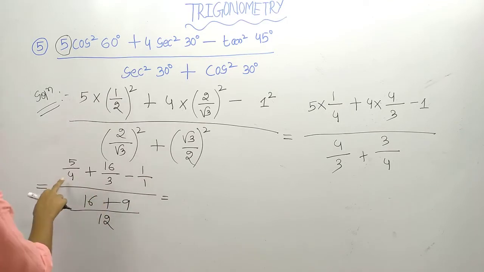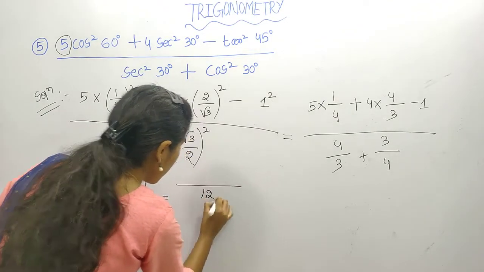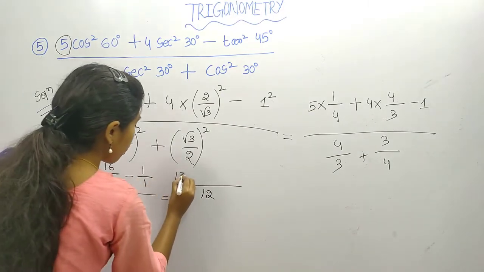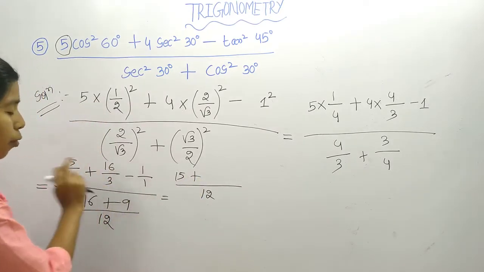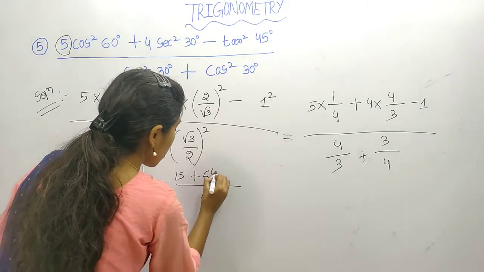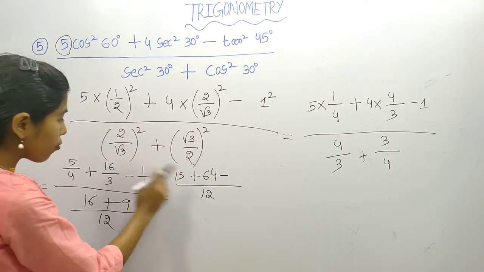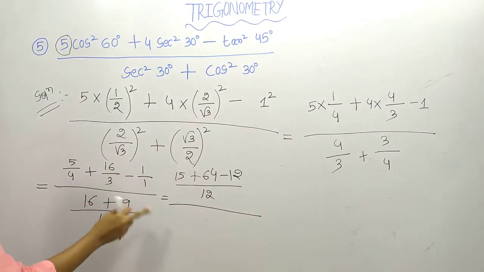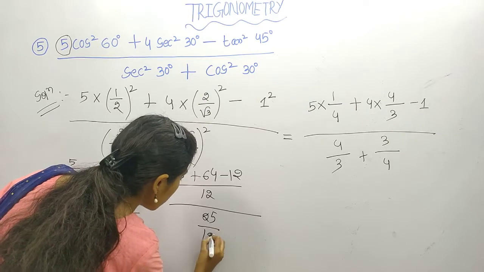So here you see 4, 3, 1. So LCM is 4 into 3, 12. Right? So 4 into 3, 12. 3 into 5, 15 plus 3 into 4, 12. 4 into 16, 64 minus 1 into 12, 12. 12 into 1, 12 divided by, here you see 16 plus 9 is 25 divided by 12.